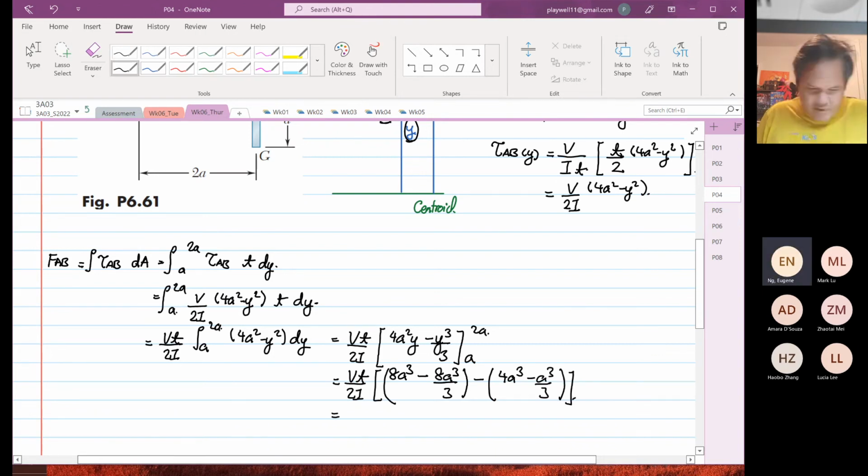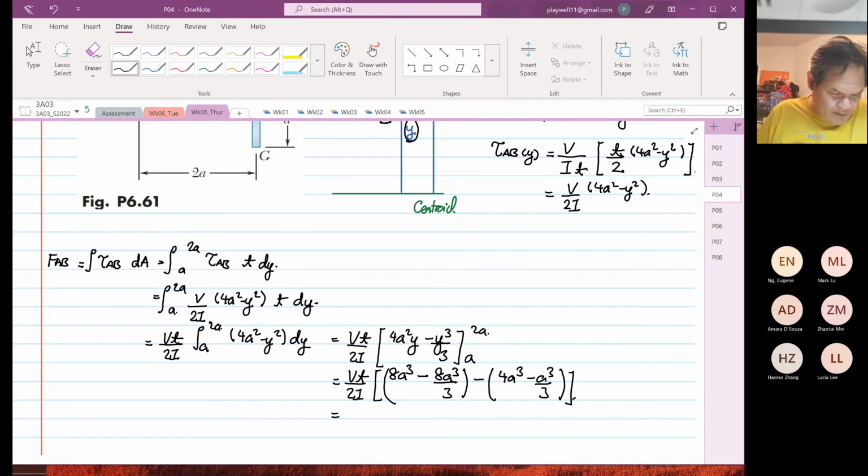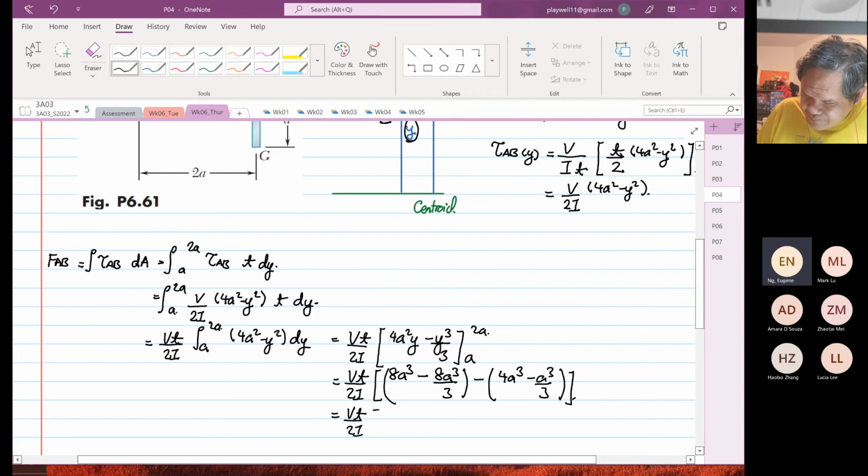So 8 minus 8/3 minus 4 plus 1/3 gives Vt over 2I times 5A cubed over 3.